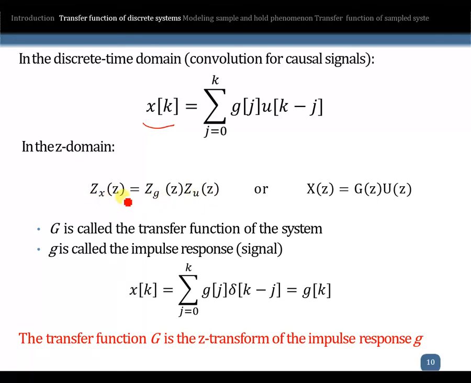This Z means we are in the Z domain. This is the Z transform of x, the same as the Laplace of x. Or you can write X(z) equals G(z) U(z). G is called the transfer function of the system. g is called the impulse response of the system, x(k) equal to the sum of g(j) Dirac(k minus j). This one becomes g(k).